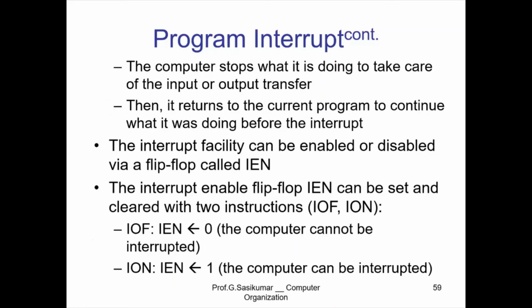And program control is controlled by the IEN, interrupt enable. So this is one of the best solutions: the computer will stop what it is doing and take care of the input or output transfer, and then return to the current program to continue what it was doing before the interrupt.